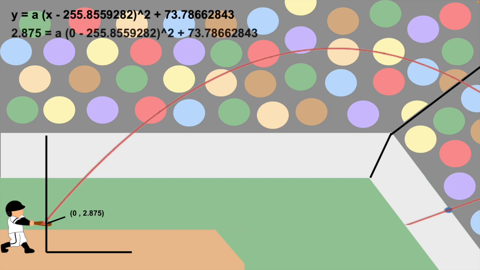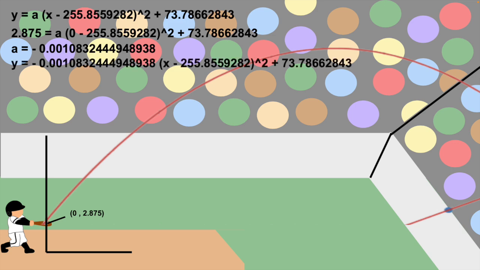This will get us 2.875 equals a times 0 minus 255.8559282 squared plus 73.78662843, which we can solve to get a equals negative 0.00108324449489838. So the equation for the parabola is y equals negative 0.00108324449489838 times x minus 255.8559282 squared plus 73.78662843.